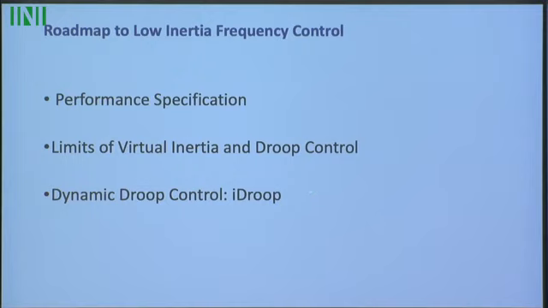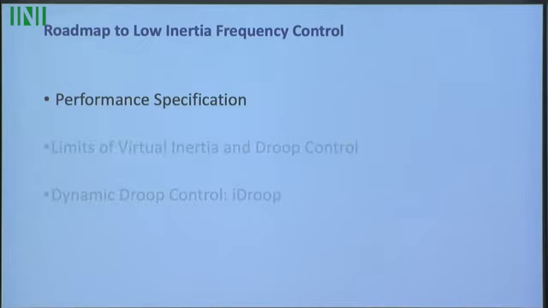And I'm going to show some limitations that you have when you do this with virtual inertia and droop control. And at the end, I'm going to show that by doing something slightly more sophisticated, not too much from the control theory point of view, you can actually improve all these different metrics. Okay. Then feel free to ask any questions at any time.